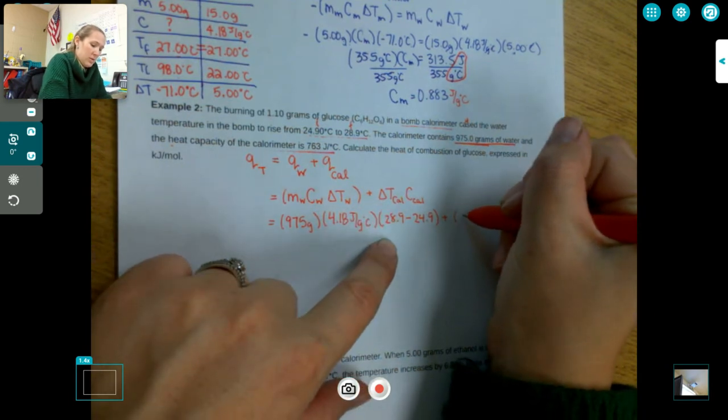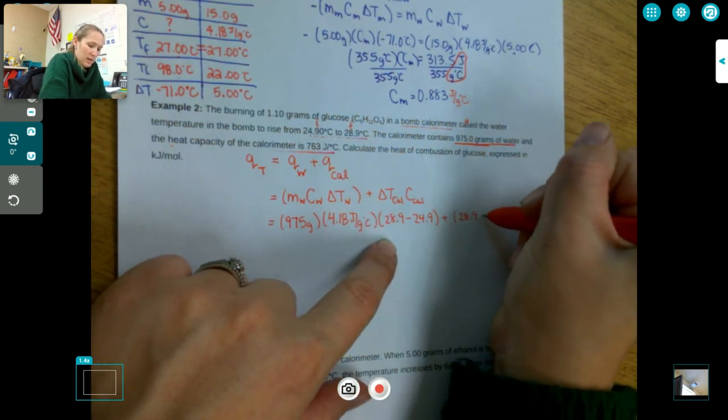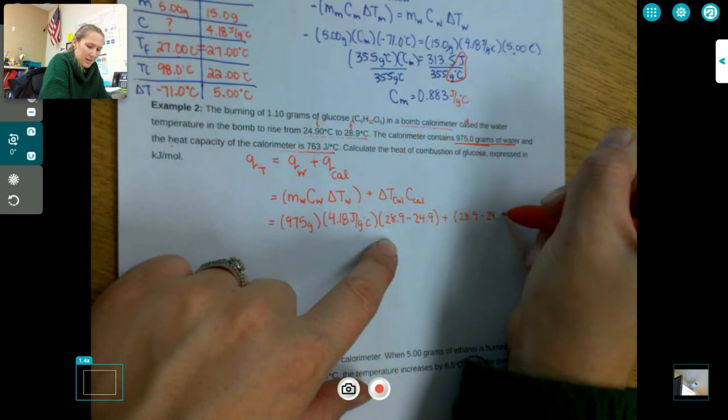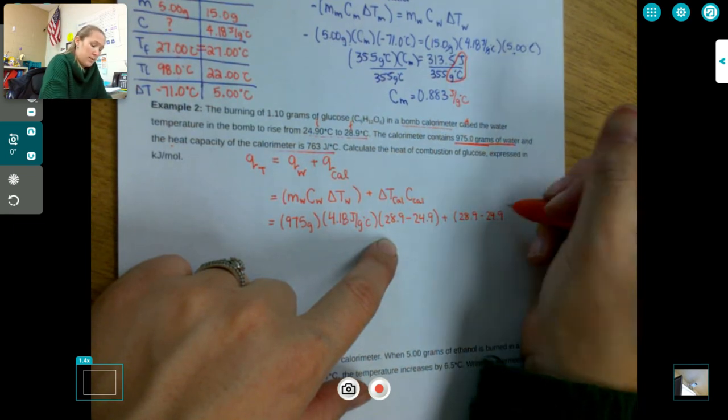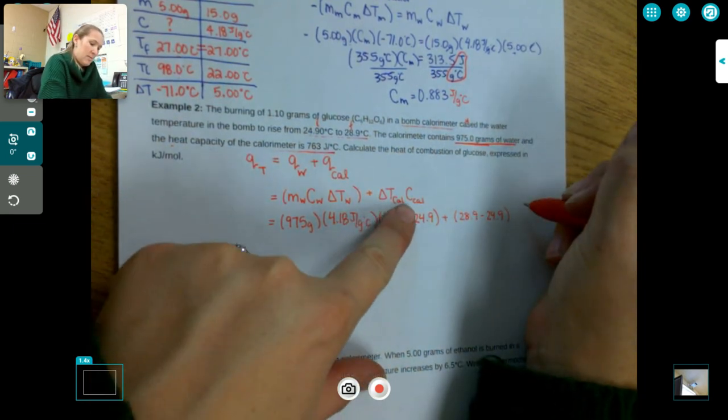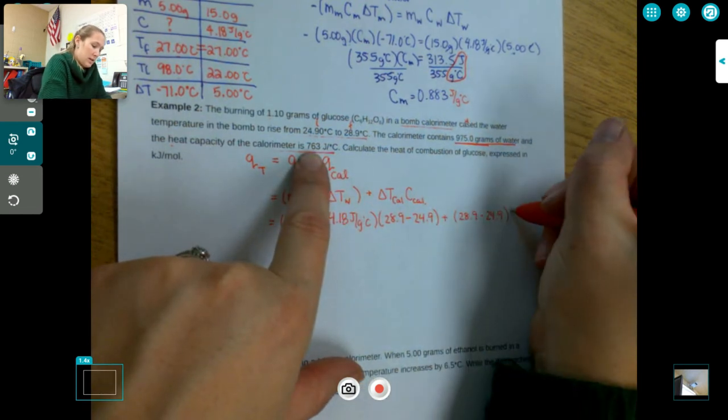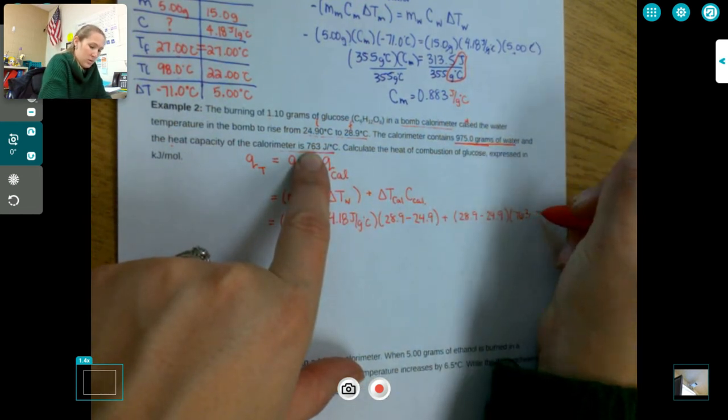So change in the calorimeter, same thing, 28.9 minus 24.9, which is 4 degrees Celsius. And the heat capacity of my calorimeter is 763 joules per degree Celsius.